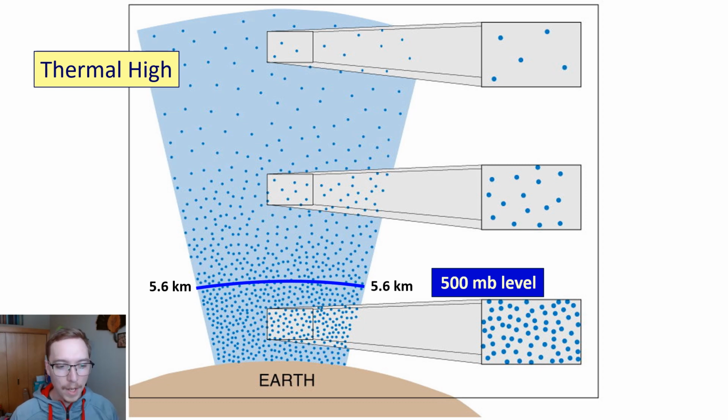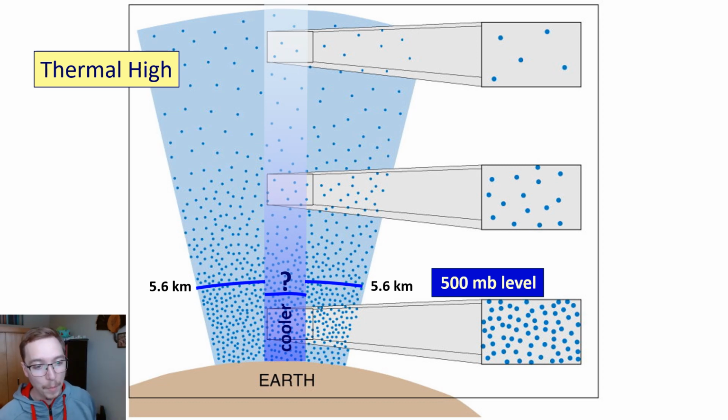So what about a thermal high pressure system? Here we can see our setup. We've got cooler air at the surface. What do you think is going to happen to that 500 millibar level? Well, it's cooler air, so it's denser air. So you're basically going to displace that 500 millibar level down in altitude.